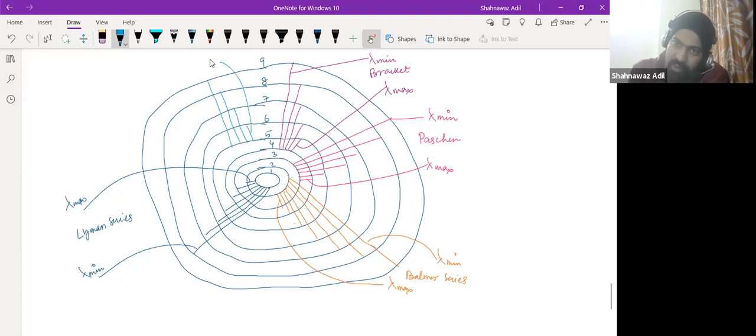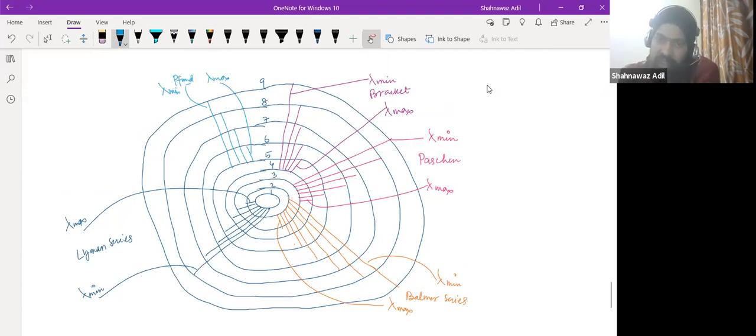This one would be maximum. This one is minimum, and this is the diagram, right? And this explains all these things.